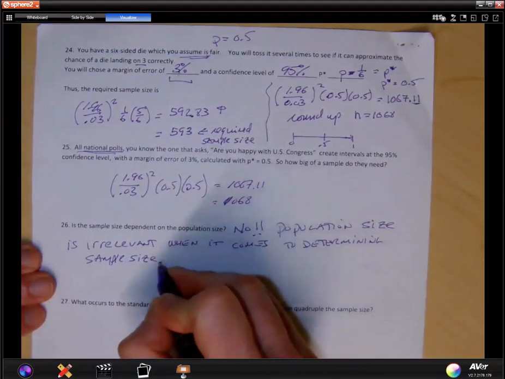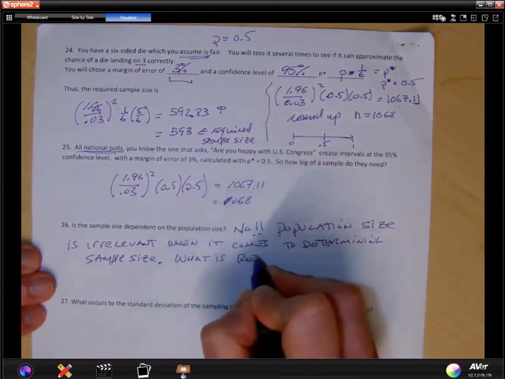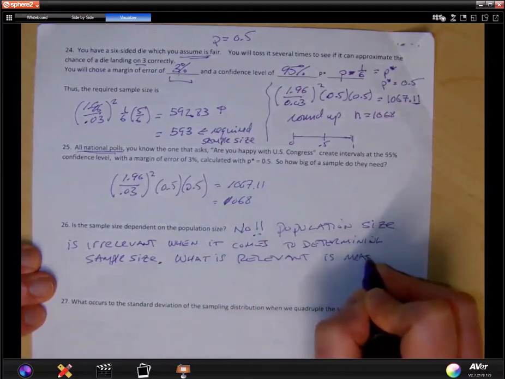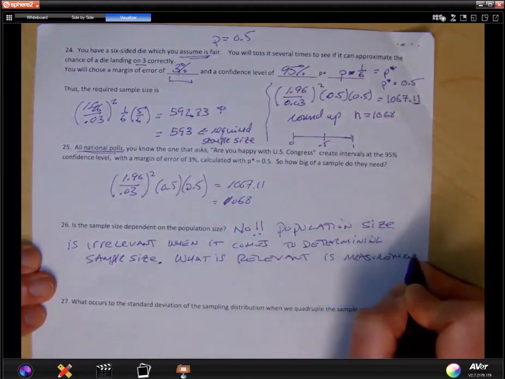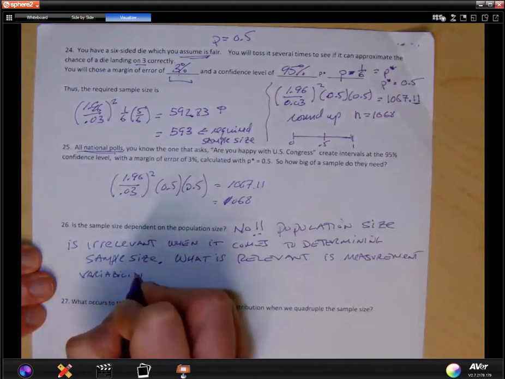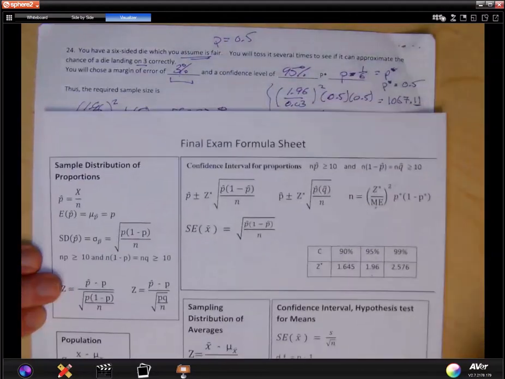What is relevant is measurement variability. I want to bring your attention to something else. So what do you mean by measurement variability?